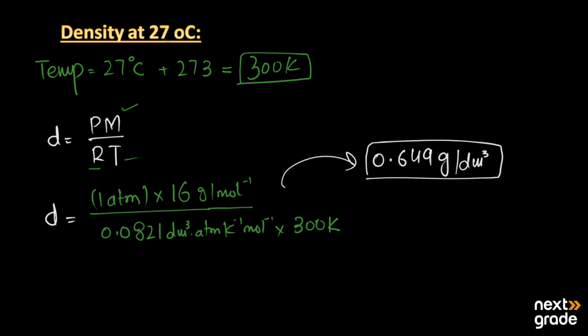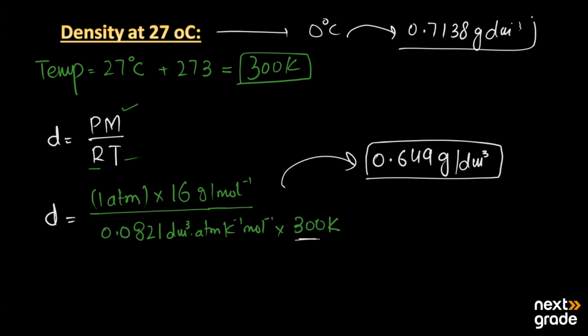If we take 0 degrees Celsius in place of 27 degrees Celsius, we put in 273 and the answer will be 0.7138 gram per dm cube. So this is the density at 0 degrees Celsius and the other is the density at 27 degrees Celsius.